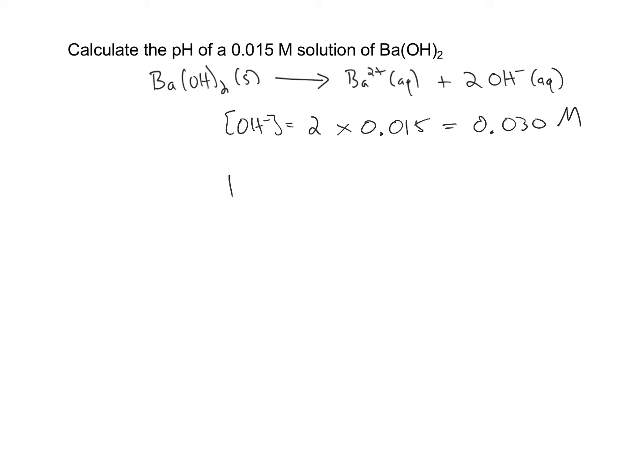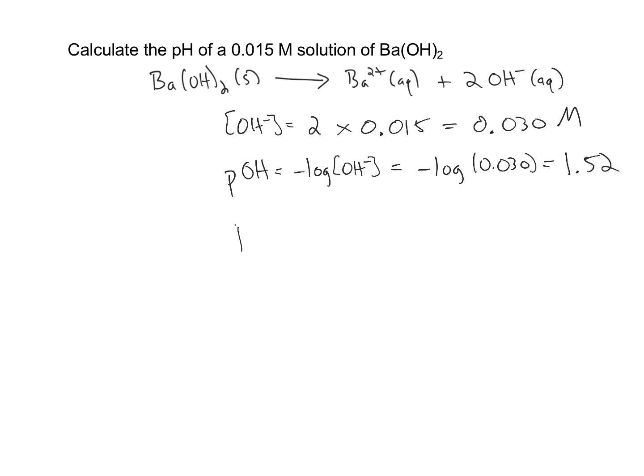So we know that pOH is the negative log of the hydroxide concentration. So that's going to be the negative log. So our pOH, not the pH, this is the pOH, is 1.52.